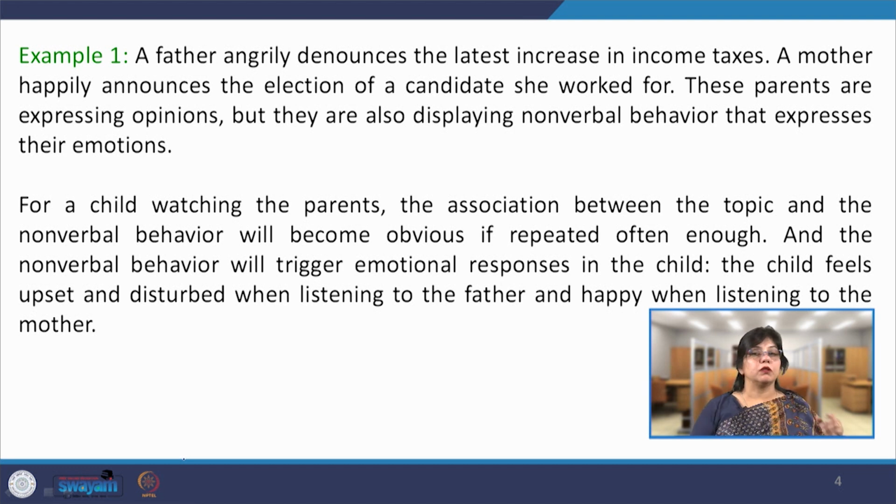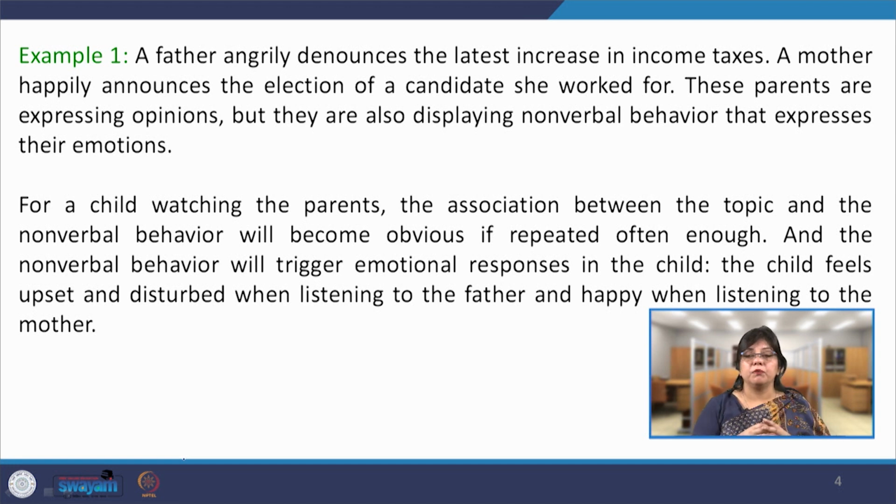That means, he will also give a very frowning expression whenever he hears about any news of tax increment, or whenever he sees any person who has been elected or there is any news of election or winning of the party, then the child also learns to exhibit a similar non-verbal expression.